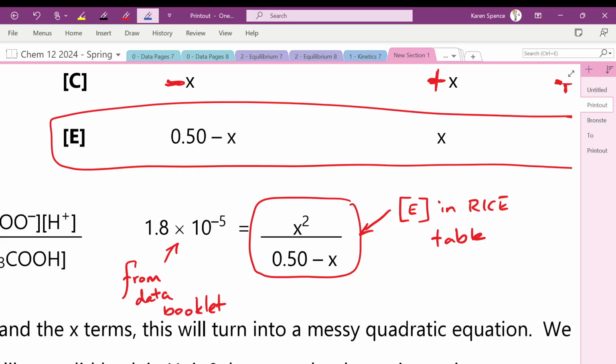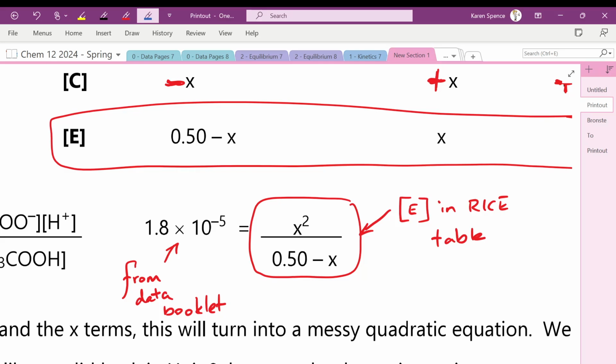But back in the equilibrium unit, usually we had a squared term over a squared term. Yes, and we could just take the square root of both sides. Can we do that here? No, we cannot. But what do you remember about weak acids? How much of them is dissociated compared with how much is still together?